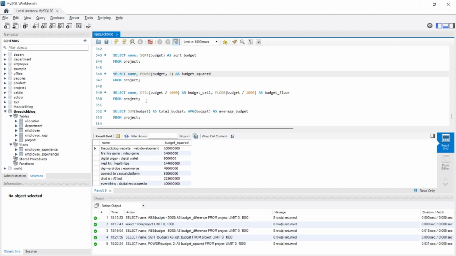So these are the functions for rounding to the nearest integer.